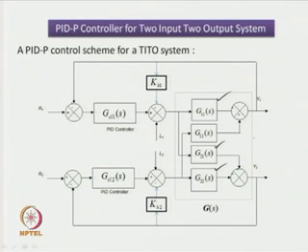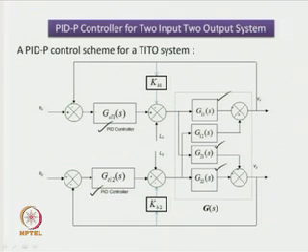Now, the control of the 2 input 2 output system can be accomplished with the help of a PID controller in the feed forward path for the first loop, and a PID controller in the feed forward path for the second loop.